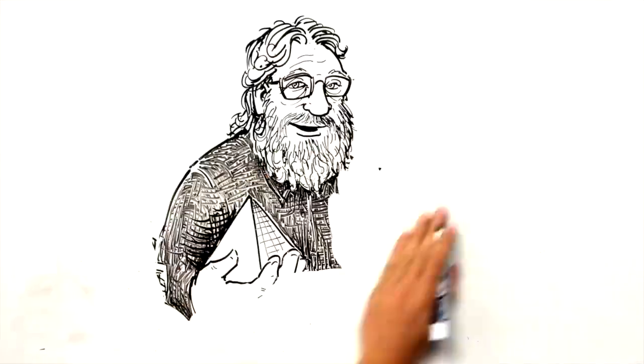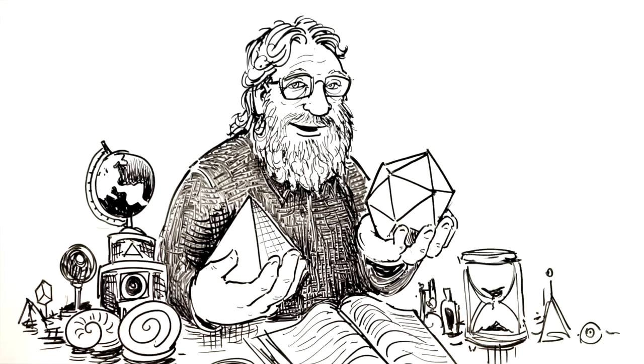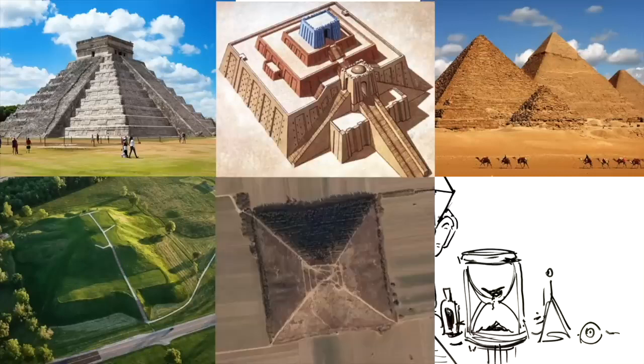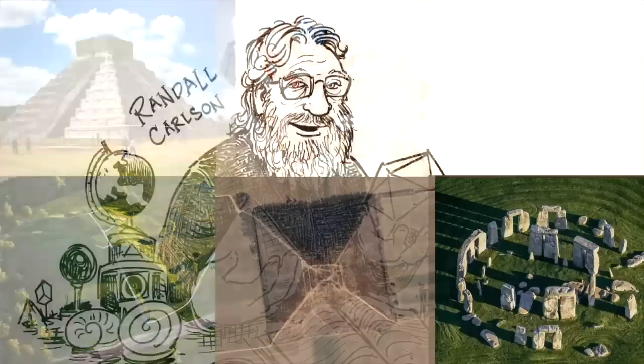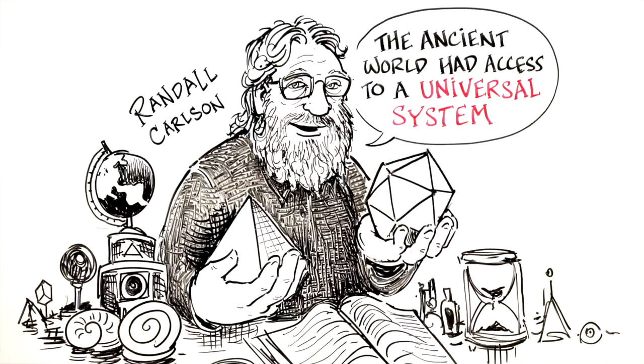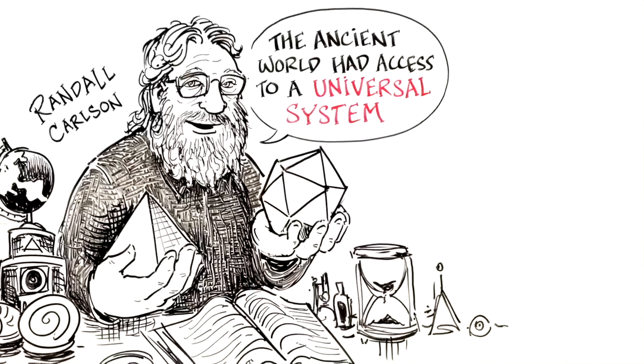That there has been some kind of a universal system at use in the ancient world. And these various cultural groups, whether it was the Egyptians or Sumerians or Mayans or the Hopewellians or the megalithic builders, had access to some universal system from some source that was outside their own cultural context.